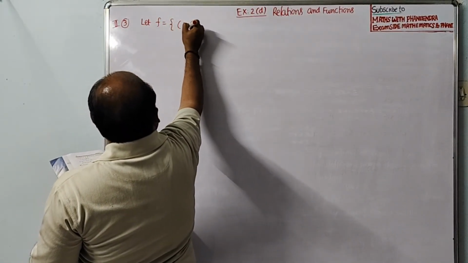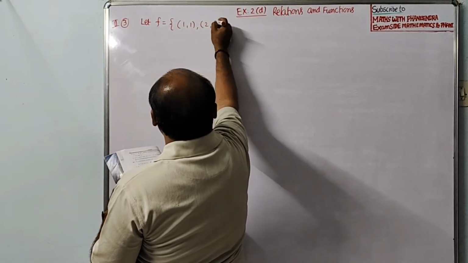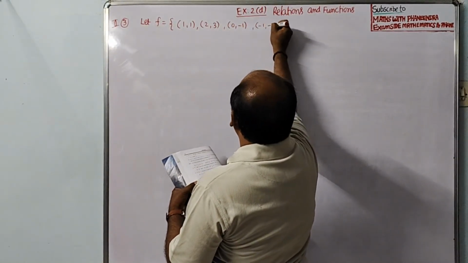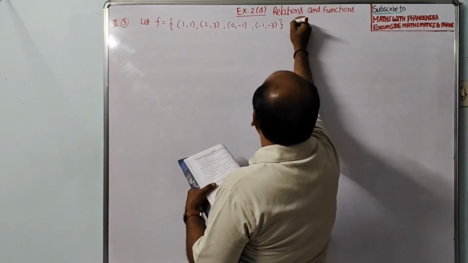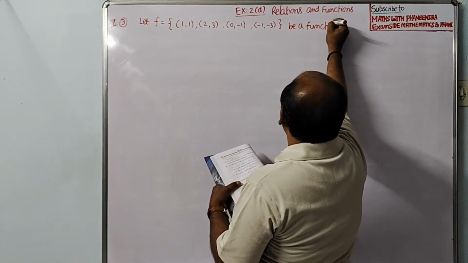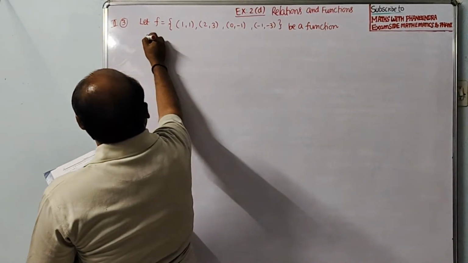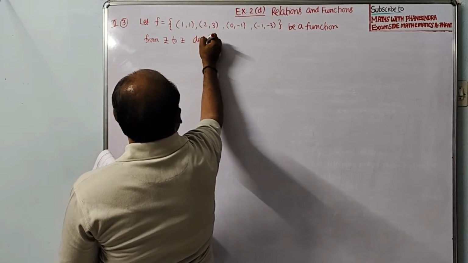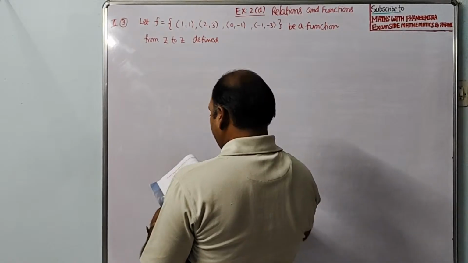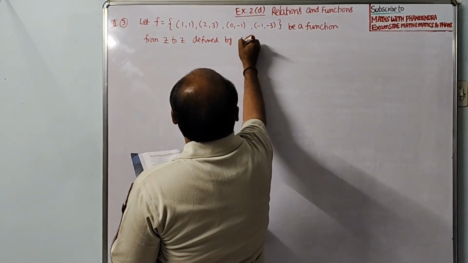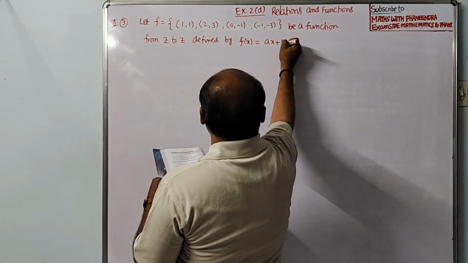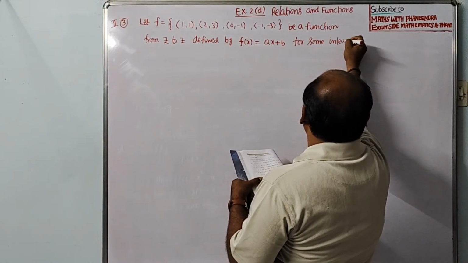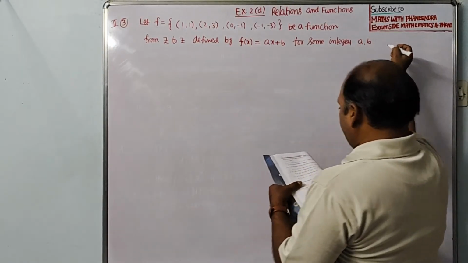Let f equal to {(1, 1), (2, 3), (0, -1), (-1, -3)} be a function from Z to Z defined by f of x is equal to ax plus b for some integers a, b.